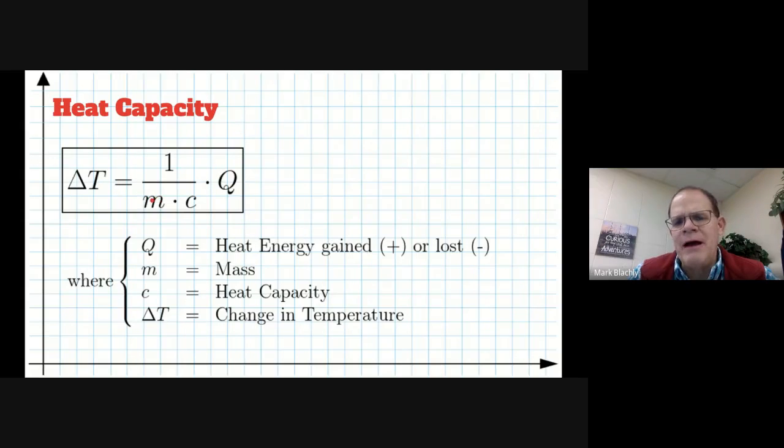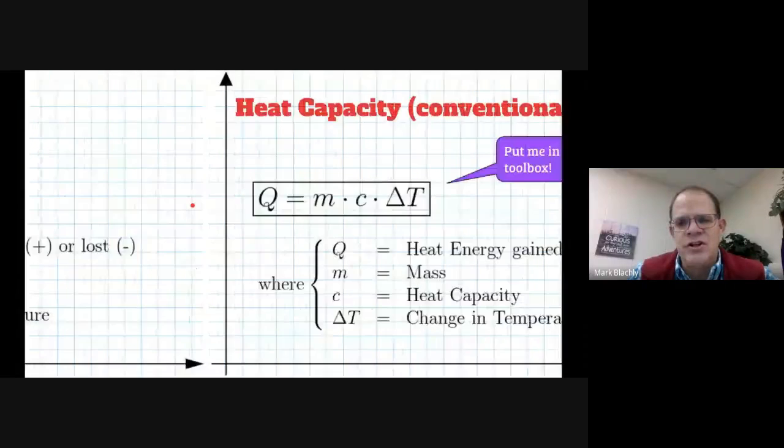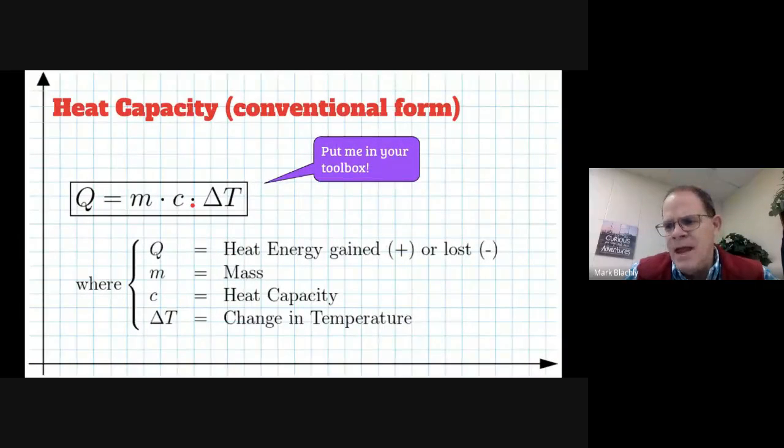So if I multiply both sides by m times c, I can clear the fraction and I can get this form. And that's what I want you to put in your toolbox, okay? This tells us the relationship between these four things: the heat, Q, the mass, the heat capacity, and the change in temperature. So jot that in your toolbox.